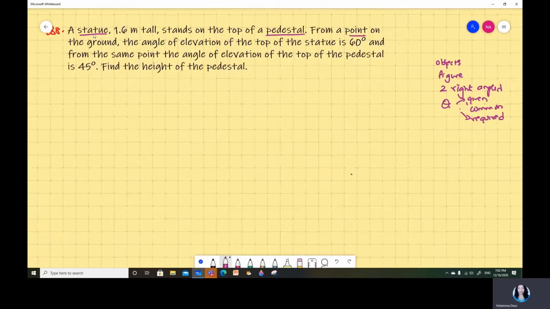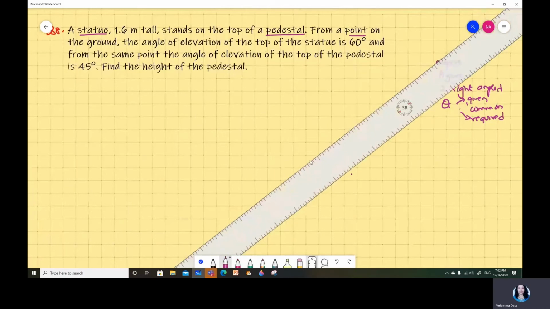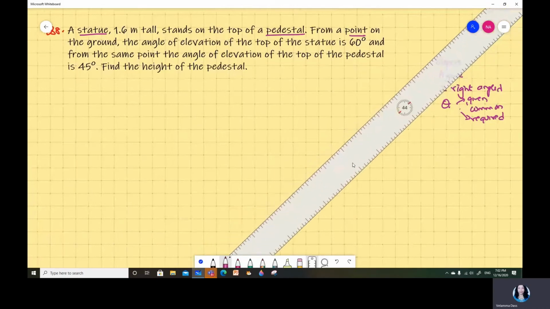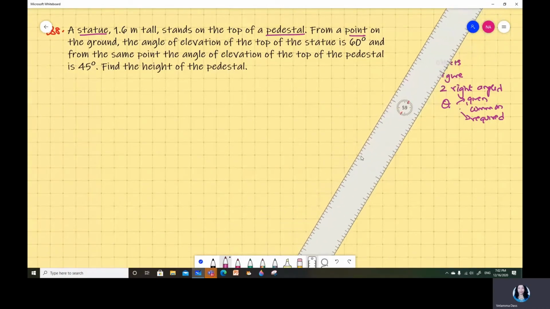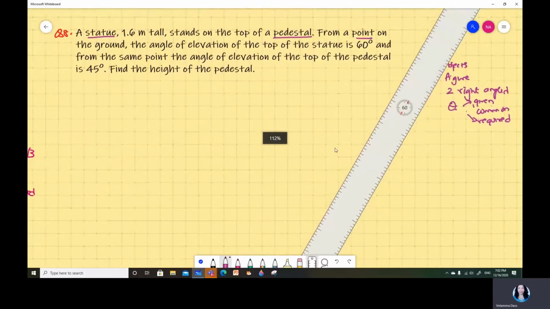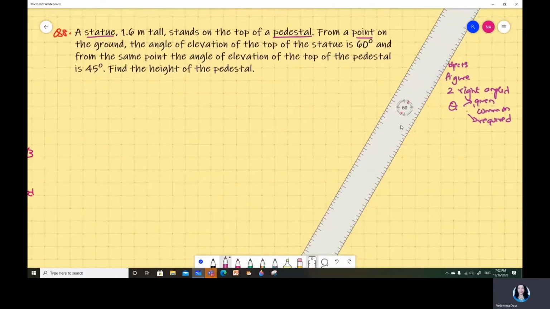Now a statue 1.6 meter tall stands on the top of the pedestal. Okay. So here according to the diagram, first we will draw a pedestal, and the top of the pedestal. A pedestal is something which is a support, and on the support it is standing.